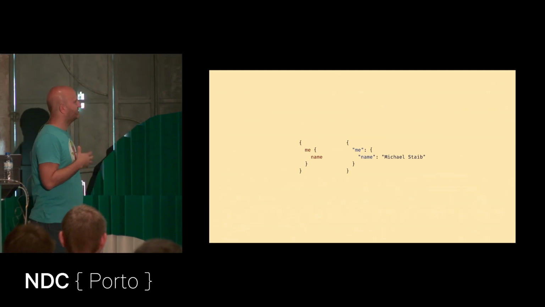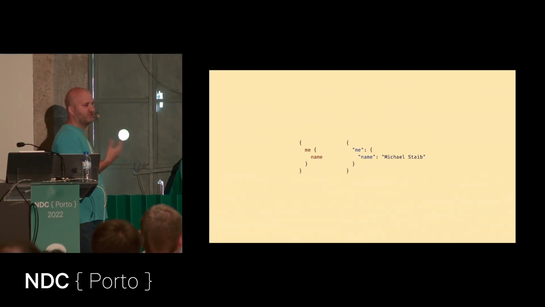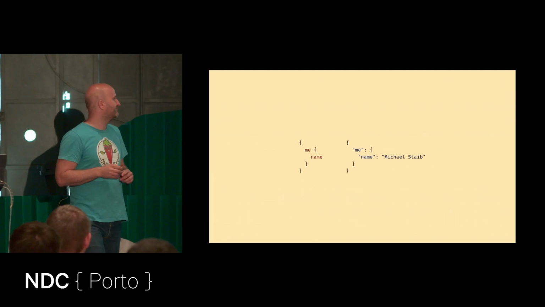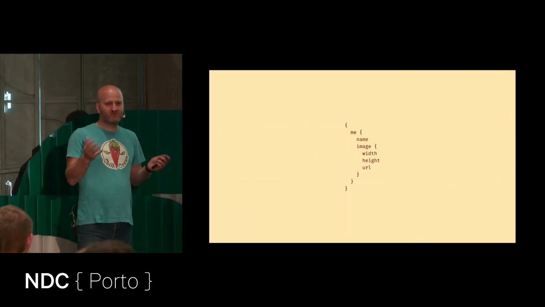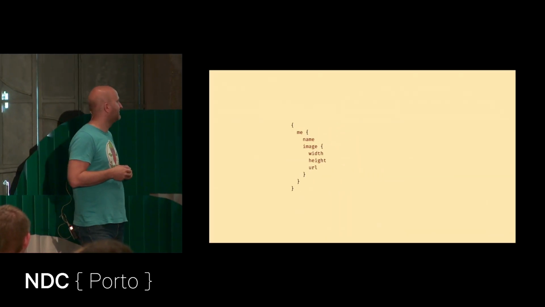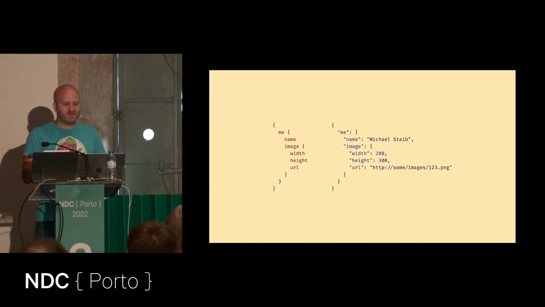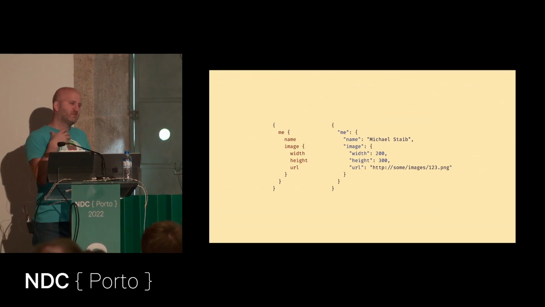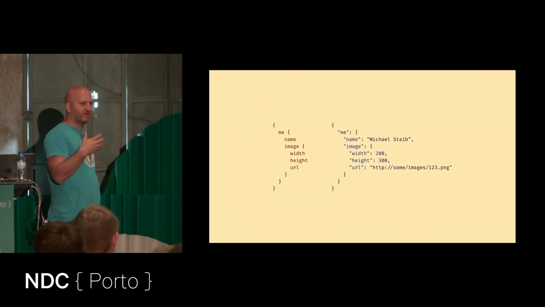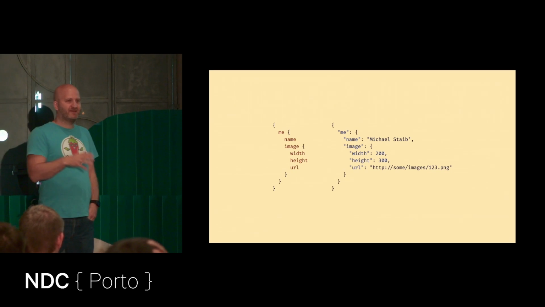But it's also one of the challenges, because a user can then just ask for more data. And that means that I don't really know the performance characteristics of my backend.